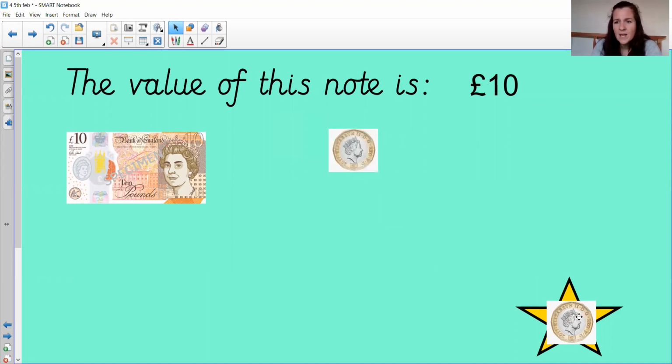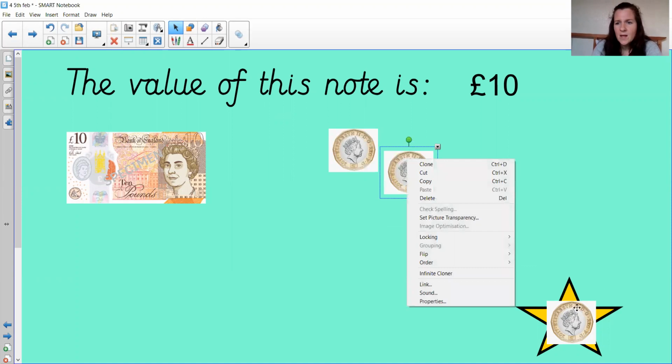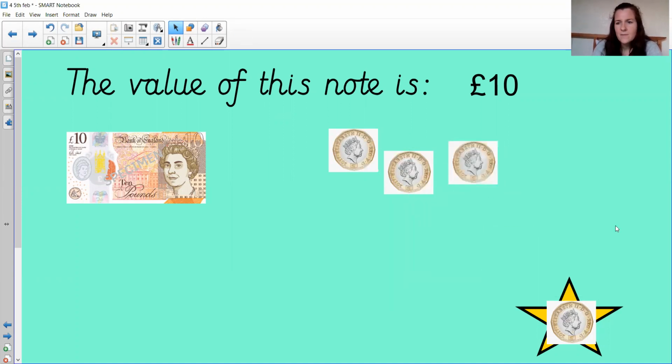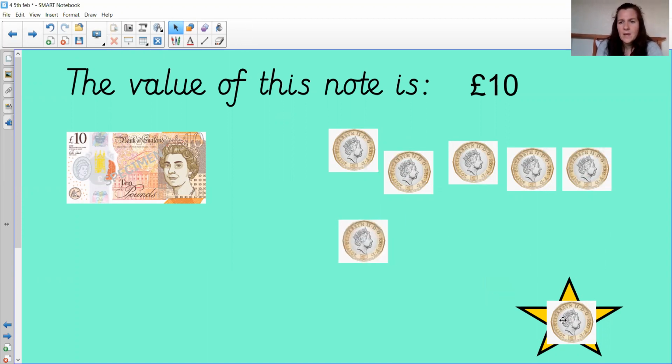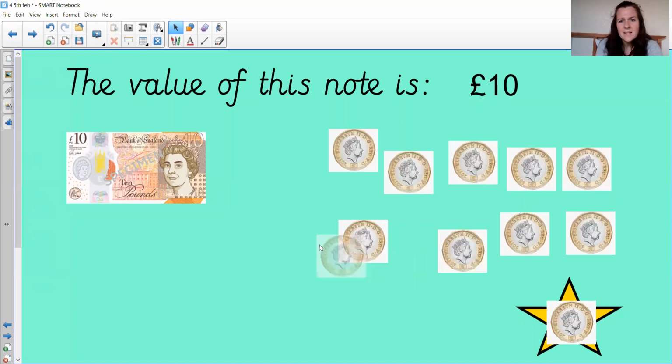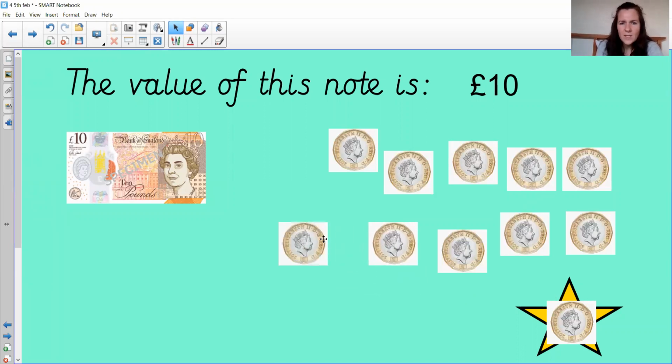So 1, 2, 3, 4, 5, 6, 7, 8, 9, and 10. Okay, so I have £10 coins, and that represents the same value as my £10 note.